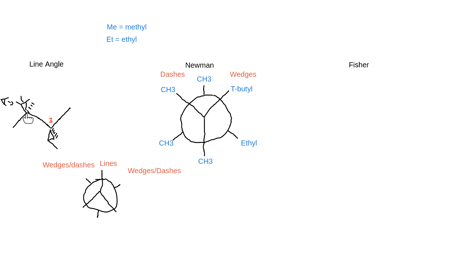We have a carbon bonded to another carbon, which is bonded to 3 carbons. If I were to draw the line angle without any stereochemistry, it would look like this. And this is our t-butyl. Does that help?